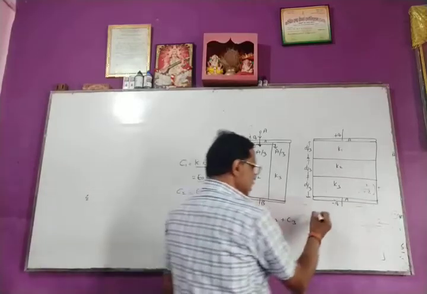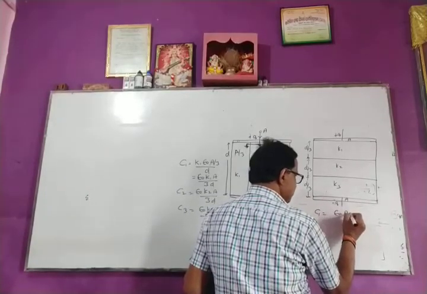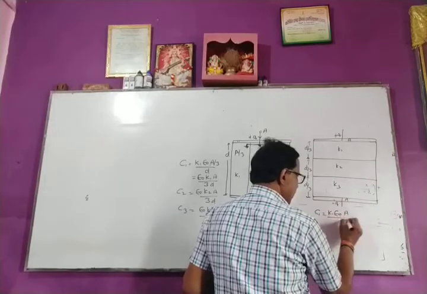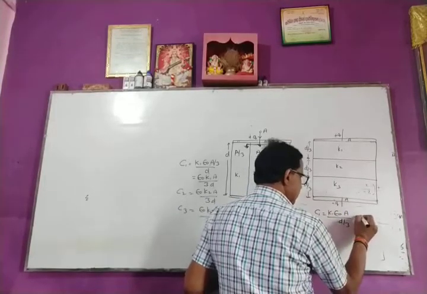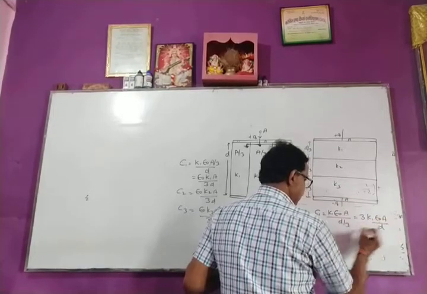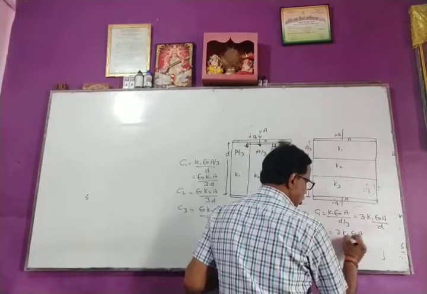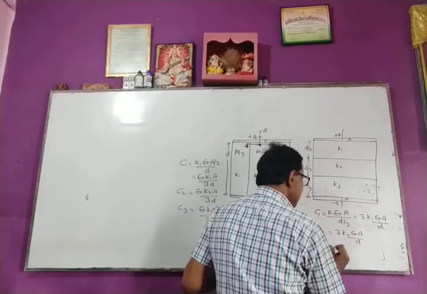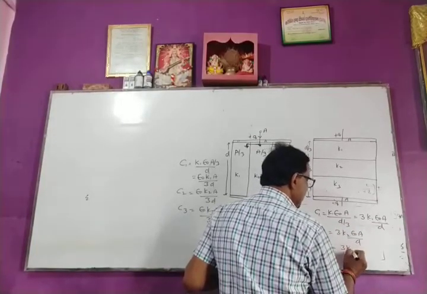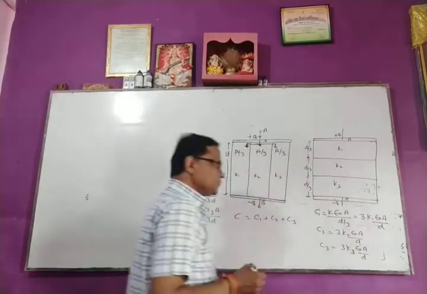So C1 is equal to epsilon naught A into K1 by d by 3. So 3 K1 epsilon naught A by d. C2 is 3 K2 epsilon naught A by d. C3 is 3 K3 epsilon naught A by d.